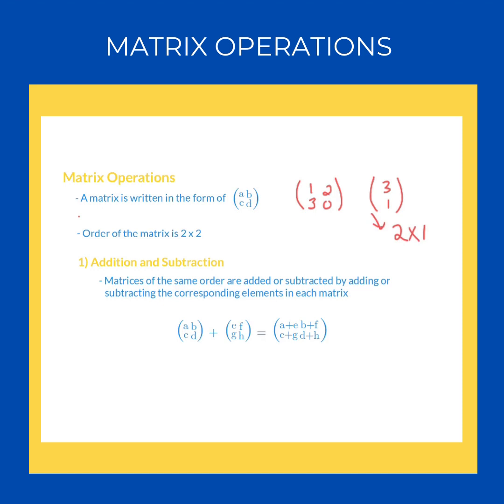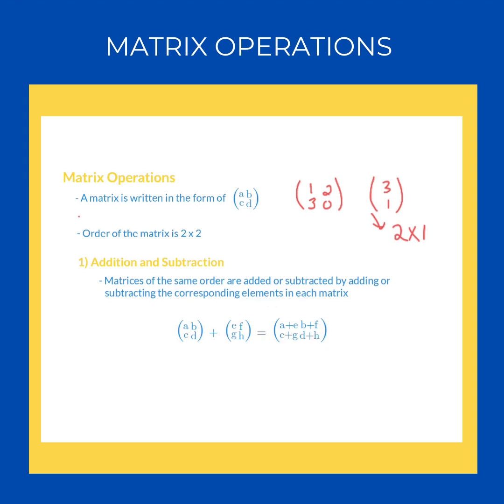Now the first matrix operation is addition and subtraction. Now there's a condition, that is I can't add or subtract matrices unless I have the same order. So matrices of the same order are added or subtracted by adding or subtracting the corresponding elements in each matrix.